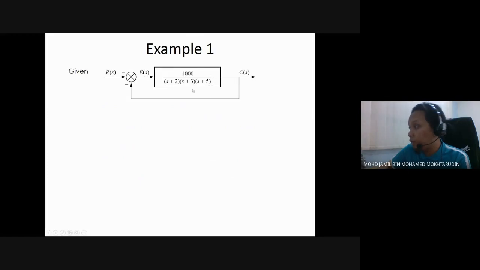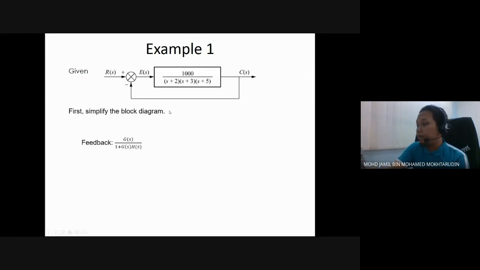Your forward transfer function is 1000 divided by (s plus 2)(s plus 3)(s plus 5), and then you have a unity feedback, so H equals 1 here. First thing you need to do is find the closed loop transfer function, meaning that you need to simplify the block diagram. The feedback formula is G divided by 1 plus GH.